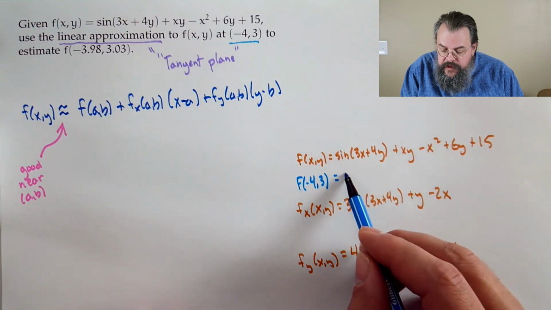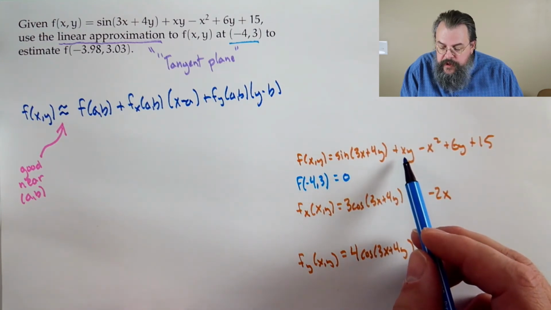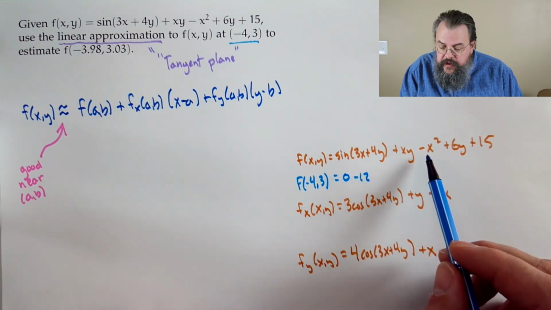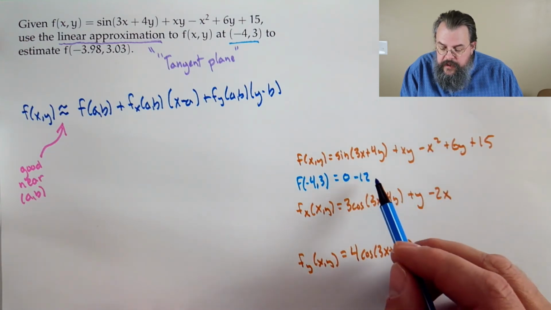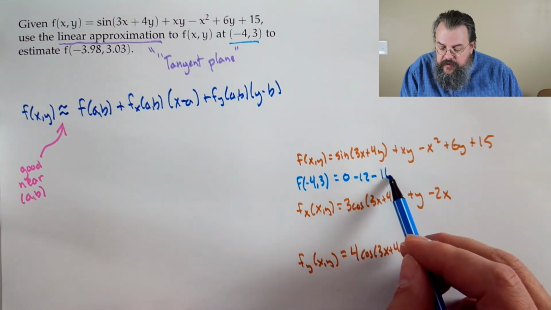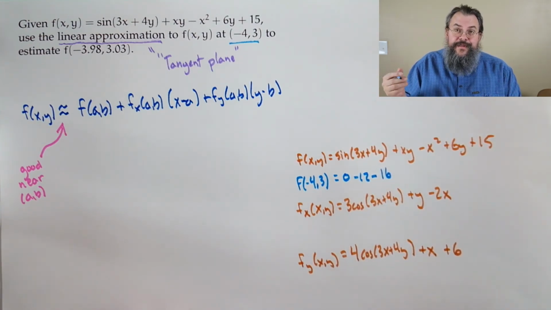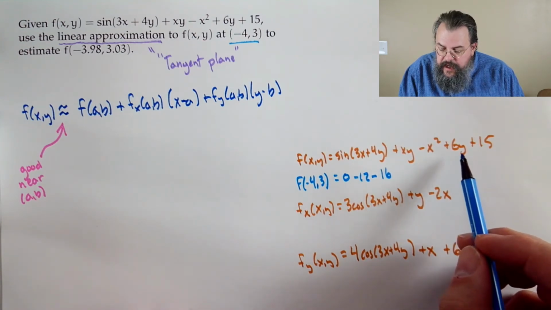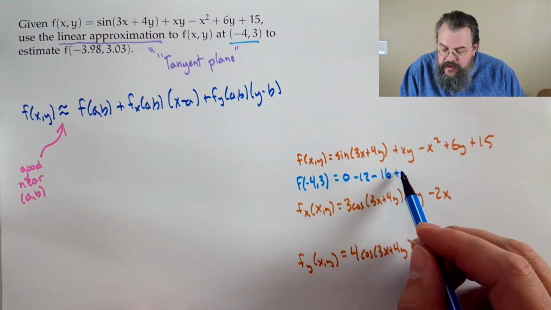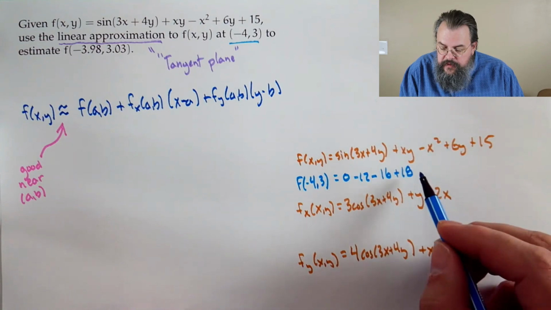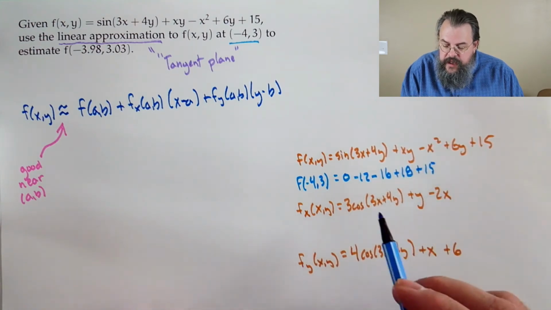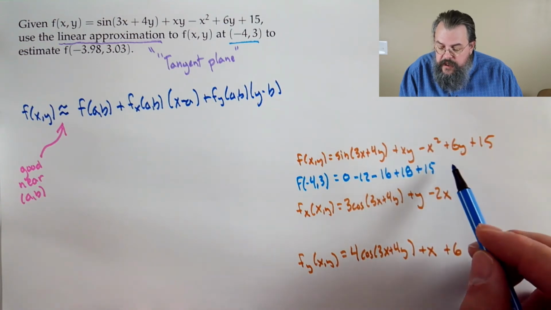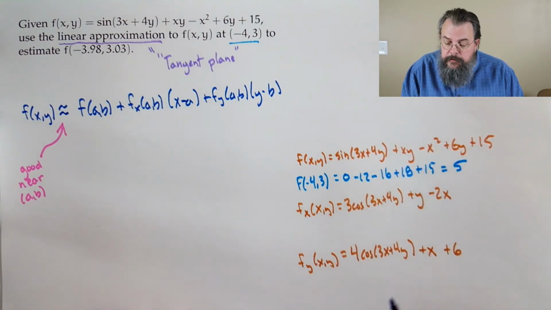So 0, negative 4 times 3, minus 12, minus negative 4 squared. So minus 16. Remember, when you square a negative, it's positive, so we're subtracting 16. Plus 6 times 3, that's 18. Plus 15. All right, some big numbers here, but not so bad. Minus 28 plus 33 leaves us with 5.